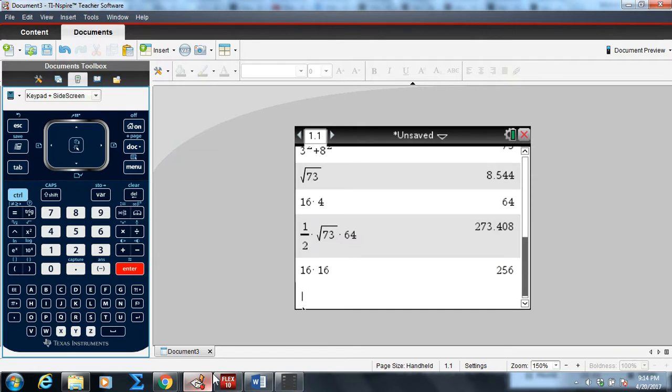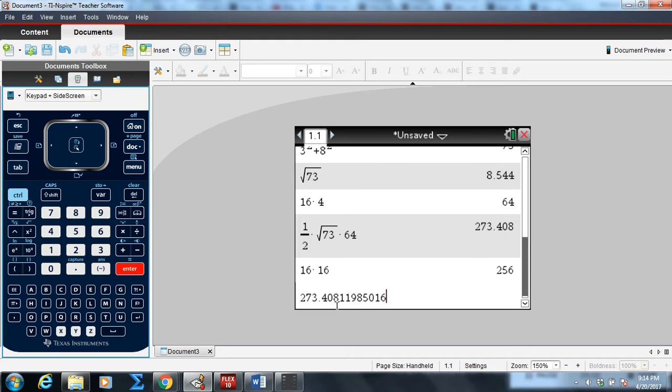Now, here in my calculator is the answer to our lateral area, 273.408. So I can just use that value, copy it down. Now notice it extended the decimal for me. That's a great feature of this calculator. That really helps to relieve rounding errors.